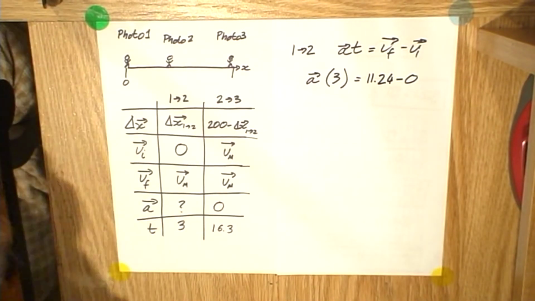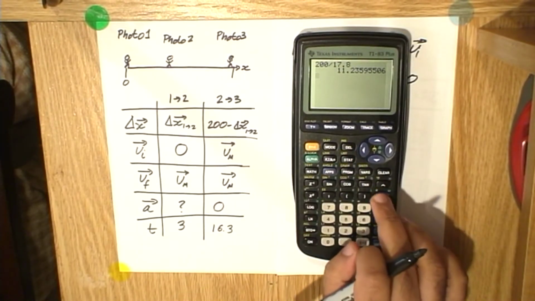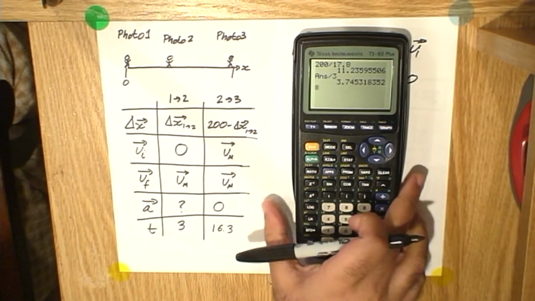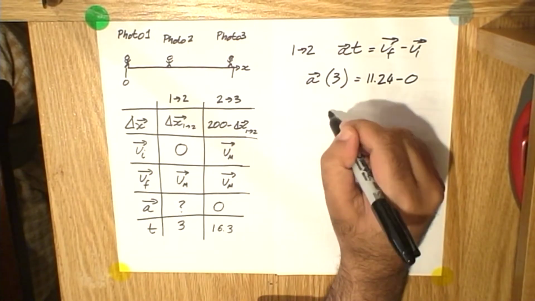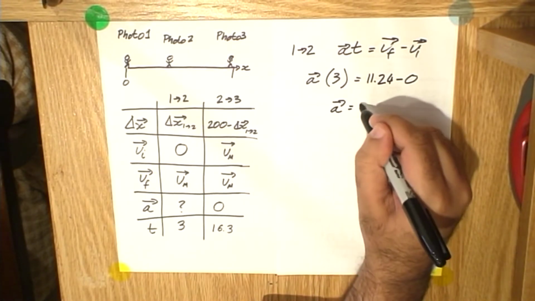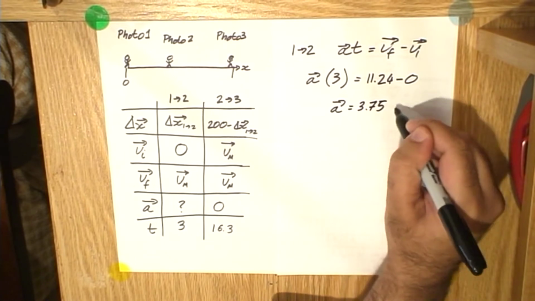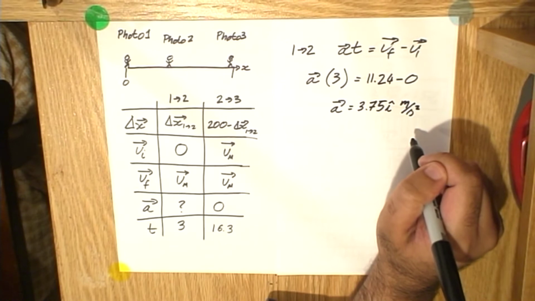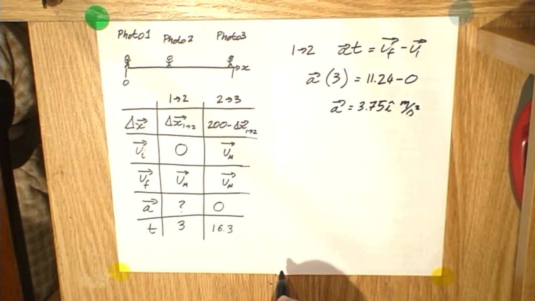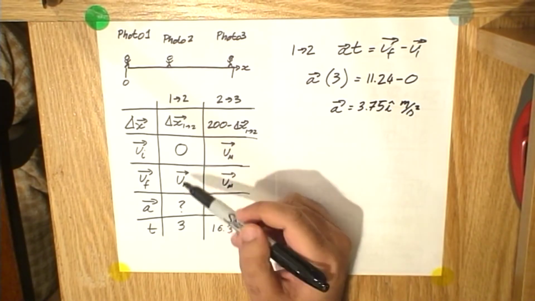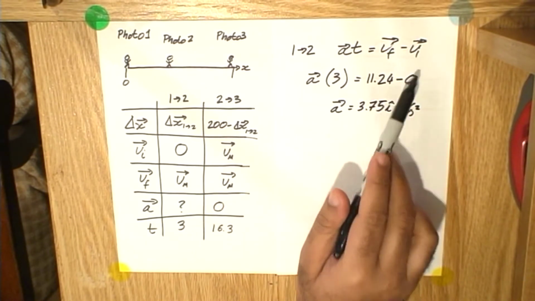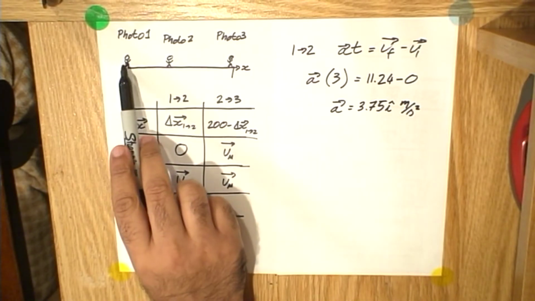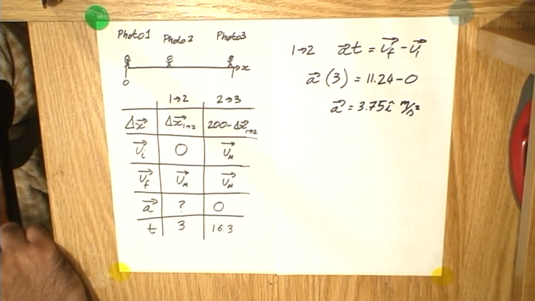So 11.24 minus 0 is, of course, 11.24, so we just need to divide by 3, and that'll give us 3.75. His acceleration is 3.75 I hat meters per second squared. And if we really wanted to, we could use all of this information that we have in 1 to 2, since we've now solved for his final velocity from 1 to 2, to figure out what his displacement was between photo 1 and photo 2.